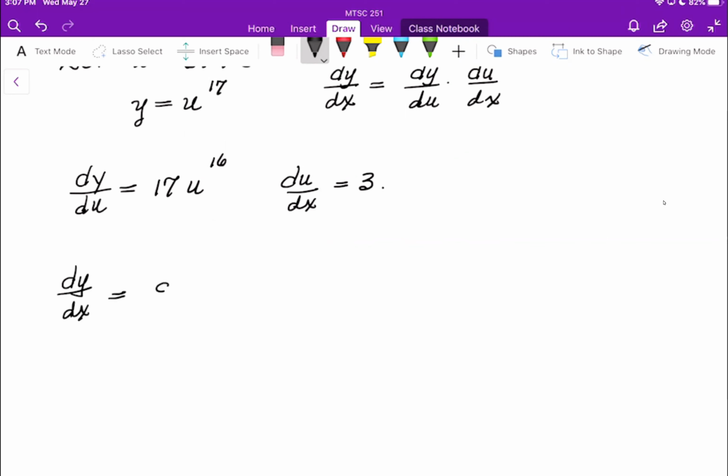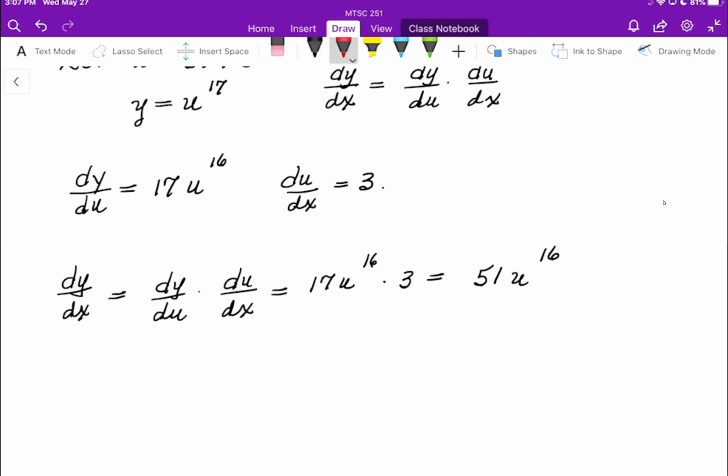So therefore, dy/dx is dy/du times du/dx. dy/du is 17u to the 16th power, and then we're going to multiply that by 3. So that gives us 51u to the 16th power.